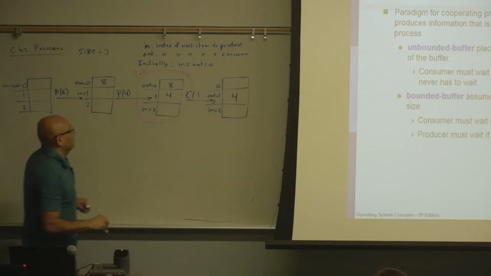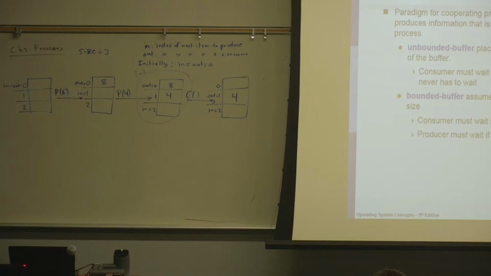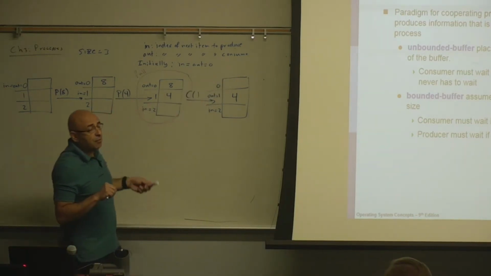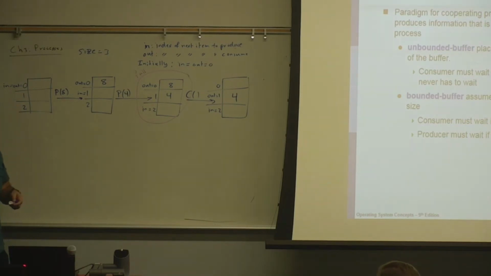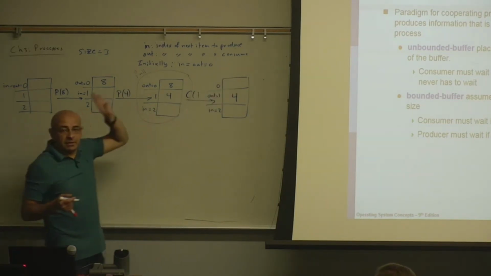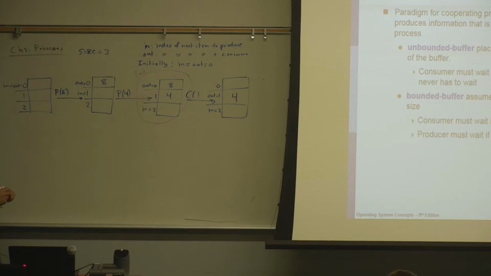We'll assume that when an item has been consumed, it will no longer be in the buffer. Of course, in a real system, like in your assignment, the value will still be there until we override it in actual memory. But logically, it's invalid. There is no item in there, logically.